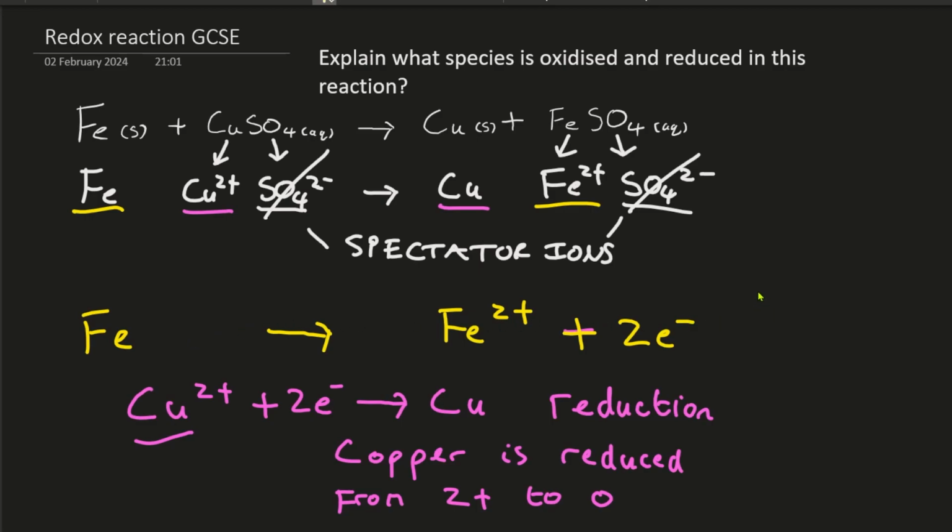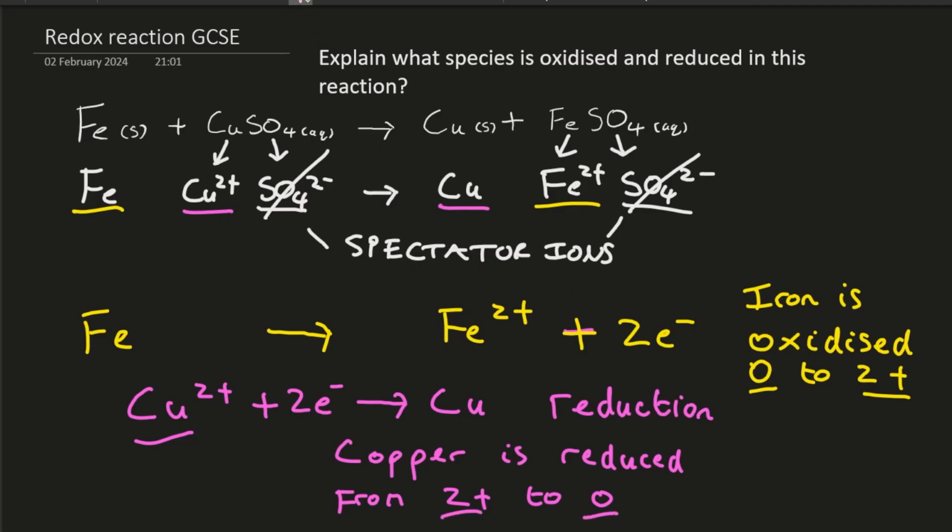Okay, so iron is oxidized, and so we have it going from 0, which is the atom, to a 2+ charge. Now this part over here is more A-level when you talk about oxidation states, so don't worry too much about that. What you need to know is why it's oxidized and why it's reduced.